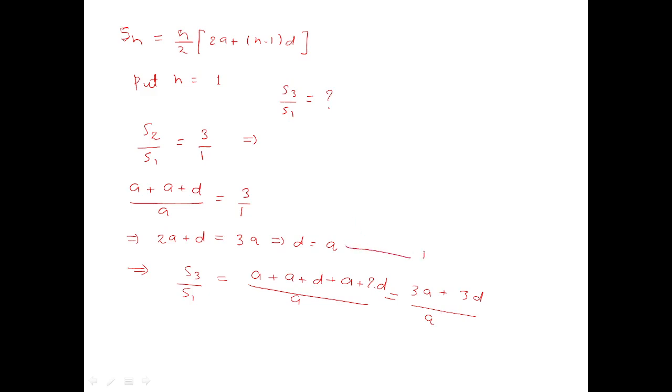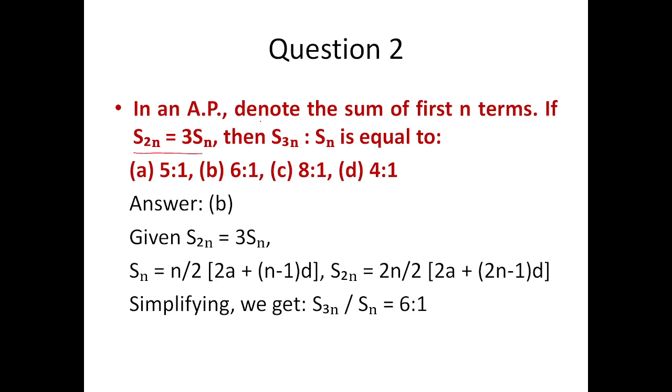Now by this condition, put a equal to d, then we get 6d upon a. A and d are equal, so we get 6:1. So S3 ratio S1 is equal to 6:1. Now see the options, so option B is correct.